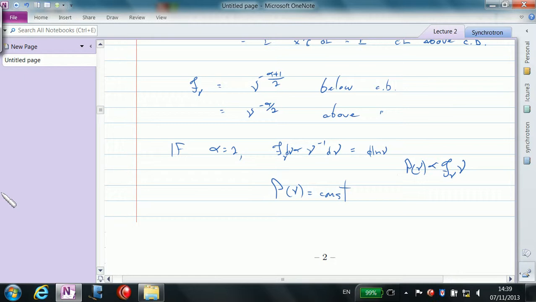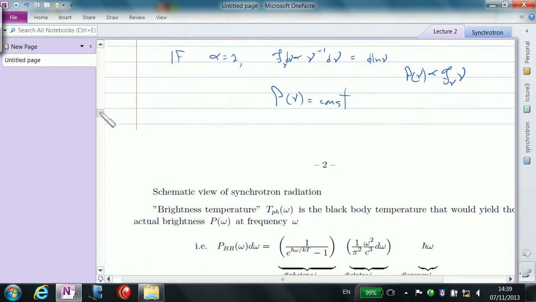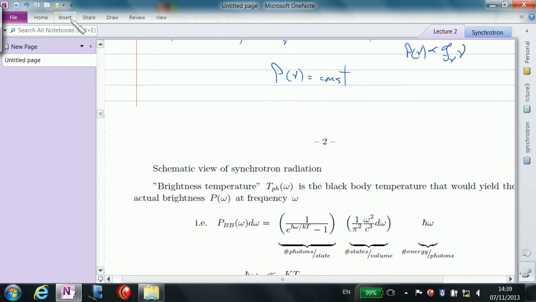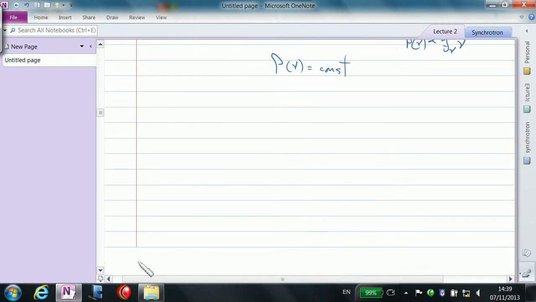No, if I really did it carefully, I would solve the Fokker-Planck equation carefully. I would put in a cooling term. By the way, I probably should say something about the Fokker-Planck equation. What is the equilibrium term? What does it look like? Alright, the Fokker-Planck equation just describes the evolution.